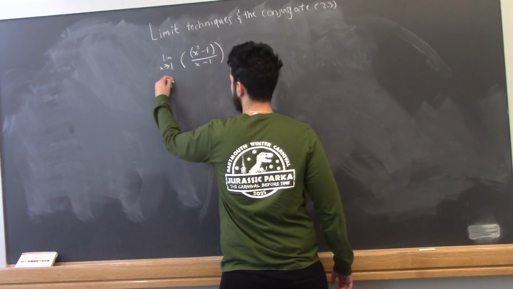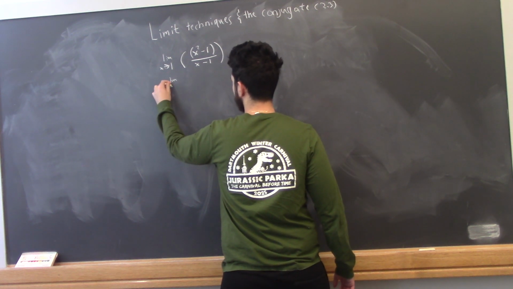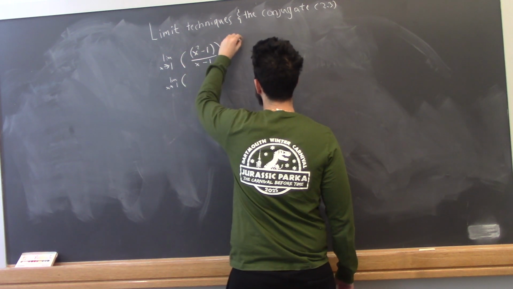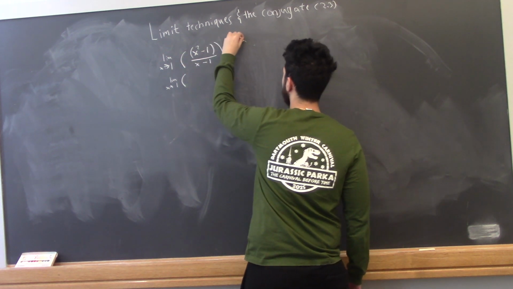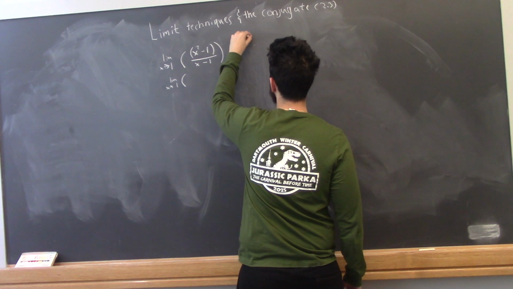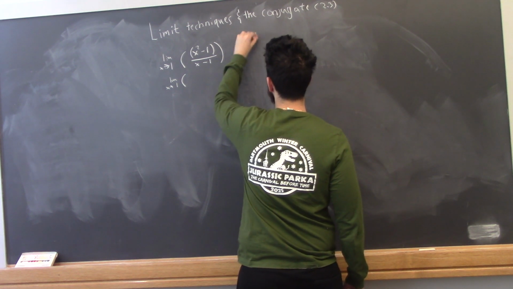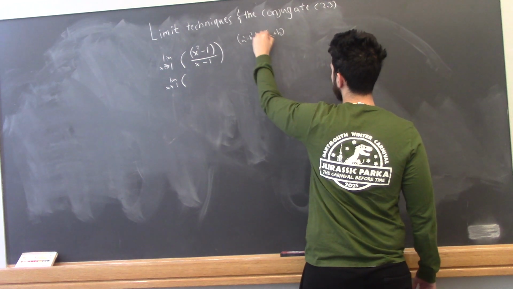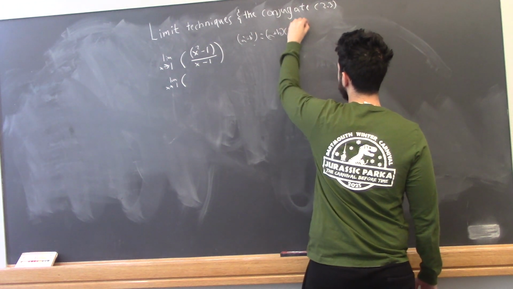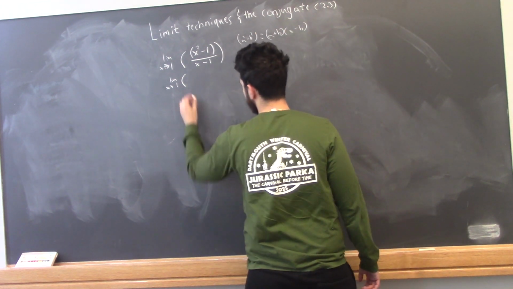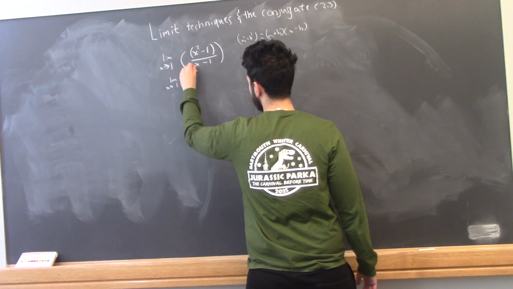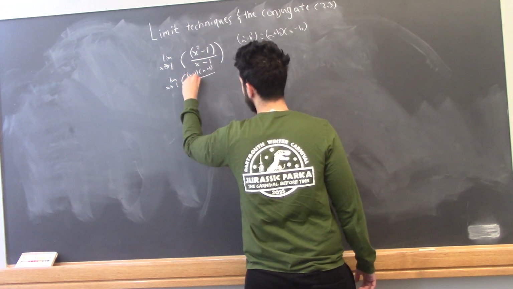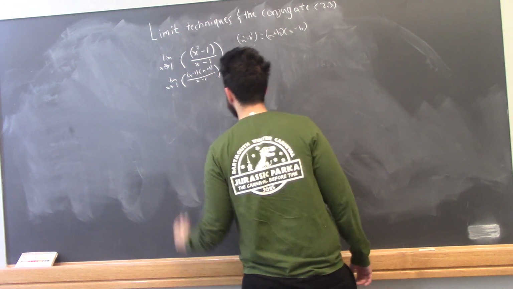So we can get the limit as x still goes to 1 of, if we factor this out, this is a perfect square minus b squared, a squared minus b squared. This is just going to equal a plus b times a minus b, right? Which just means this becomes x minus 1 times x plus 1 all over x minus 1, right?